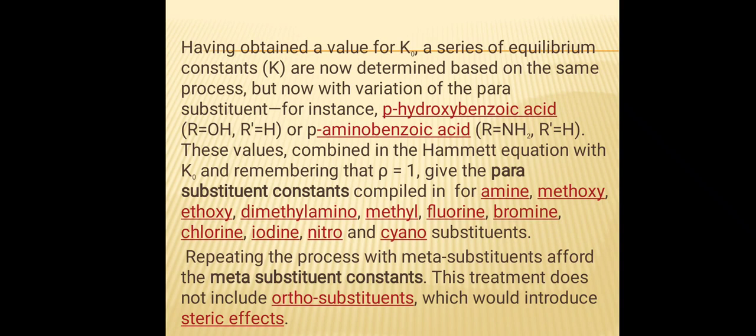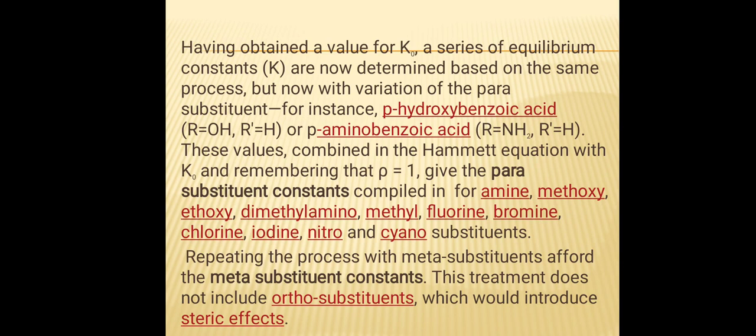Having obtained the value for K0, a series of equilibrium constants are now determined based on the same process, but with a variation of para substituent, such as para hydroxybenzoic acid or para aminobenzoic acid.